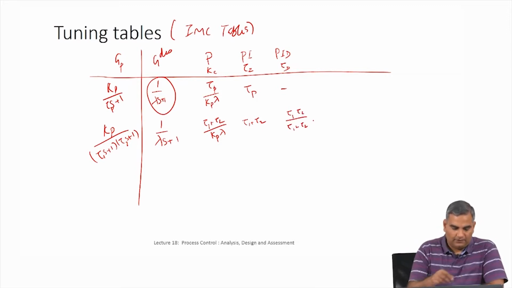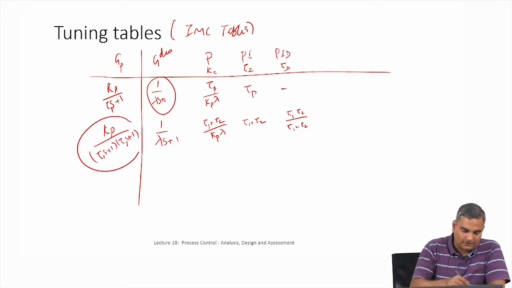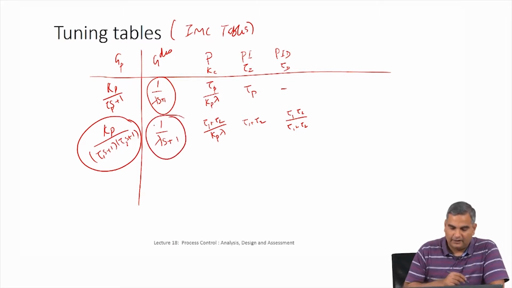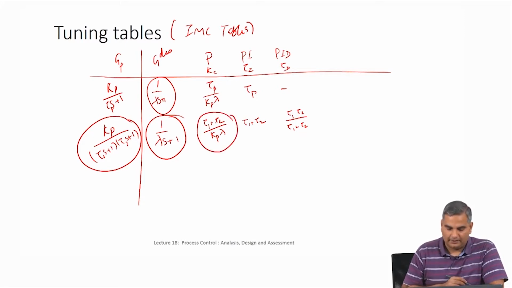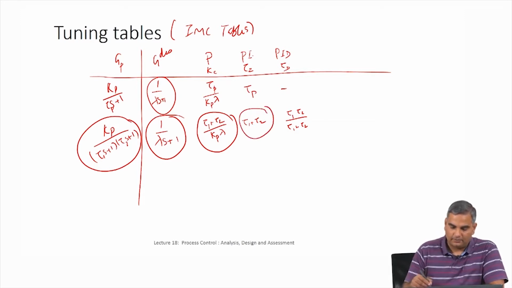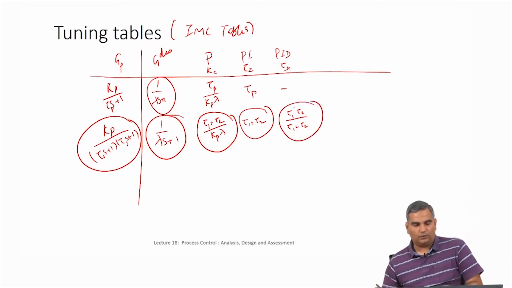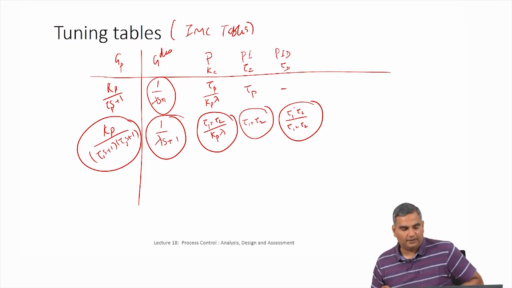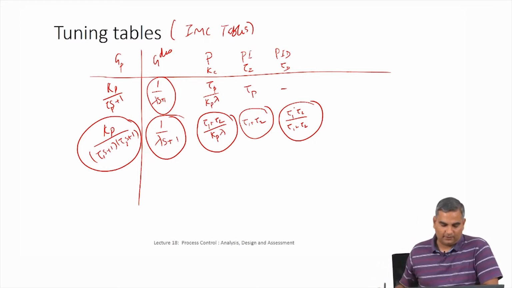So now the way that you interpret this is, if your transfer function turns out to be this and you want this desired transfer function, then if you are going to tune a PID controller, you should have tau 1 plus tau 2 by Kp lambda as the P term, tau 1 plus tau 2 as the I term, and tau 1 tau 2 divided by tau 1 plus tau 2 as the D term, tau D.